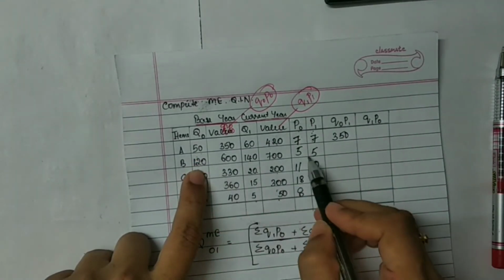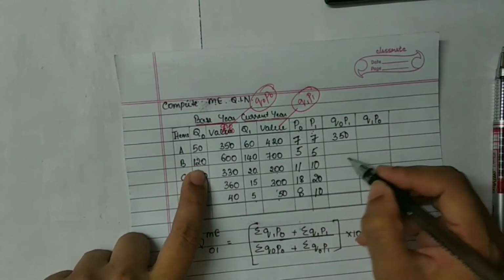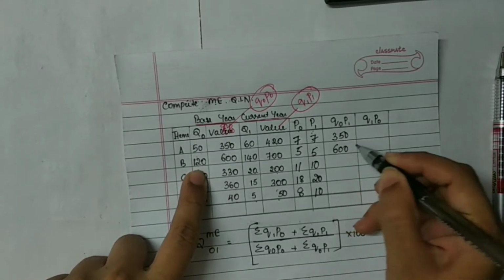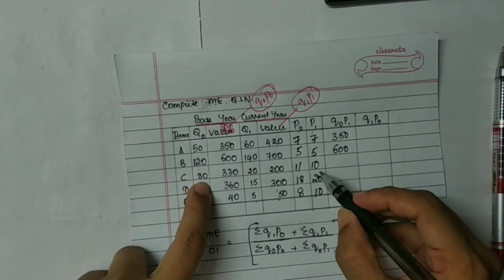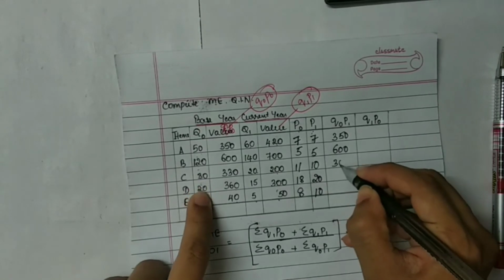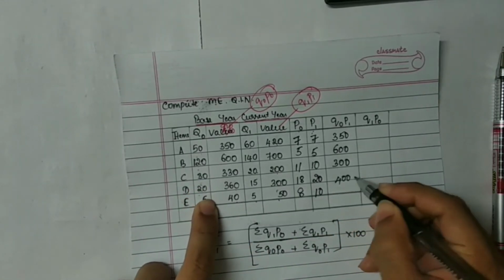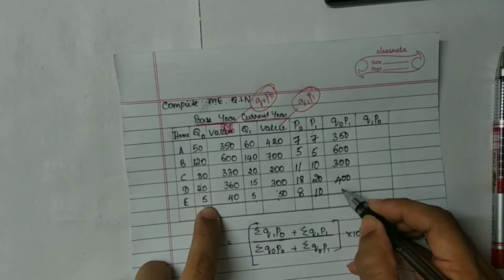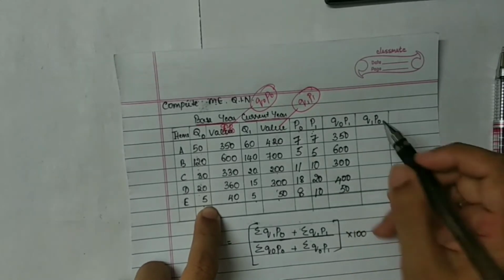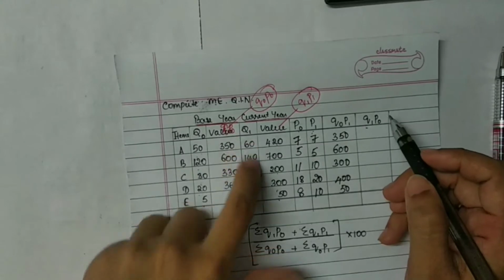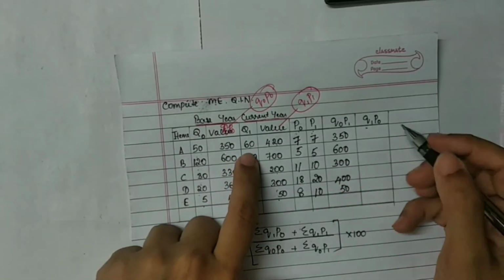Next 120 into 5, that is 600. Next 30 into 10, that is 300. 20 into 20, 400. And next 5 into 10, it is 50. In the same way Q1 P0. Q1 is here, P0 is here.